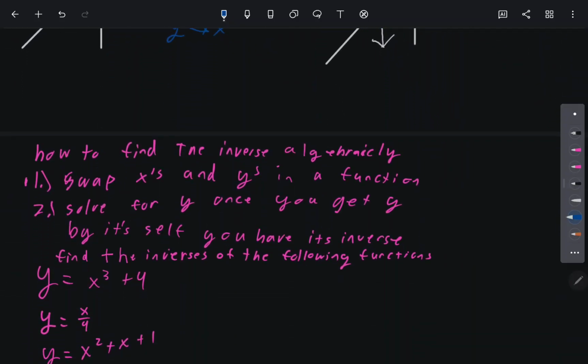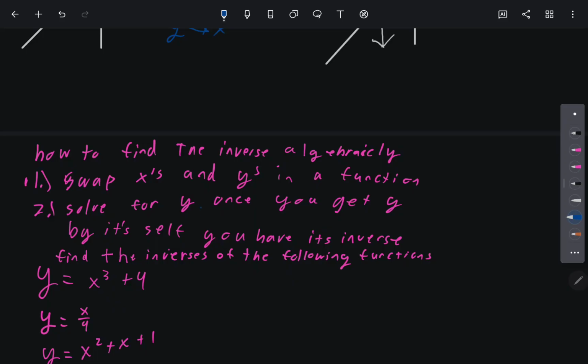Let's continue. Finding the inverse algebraically is not really that difficult. We have a step process. We swap the x's and the y's in a function, and then we solve for y.